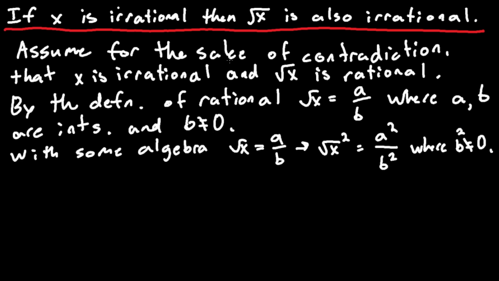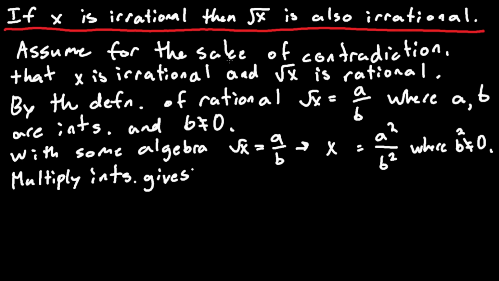And if you square a square root, you simply get what's inside the square root. So we have x is equal to a squared over b squared. Here's the thing. Multiplying ints gives ints. So a squared and b squared are also ints.